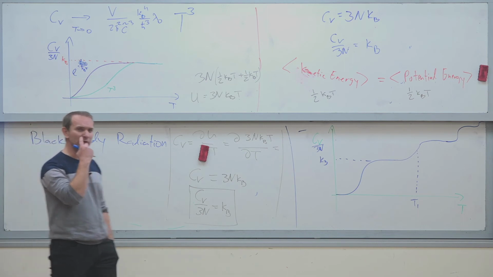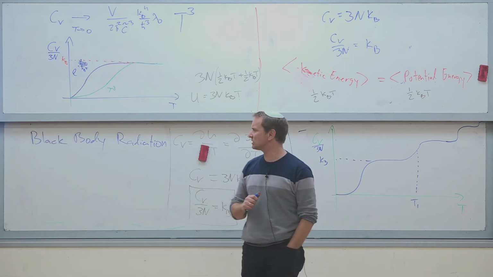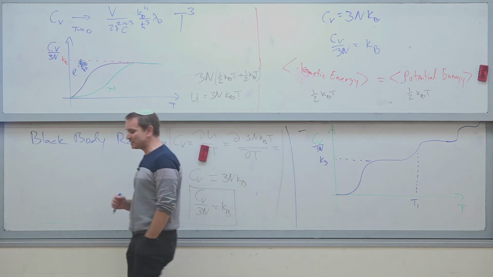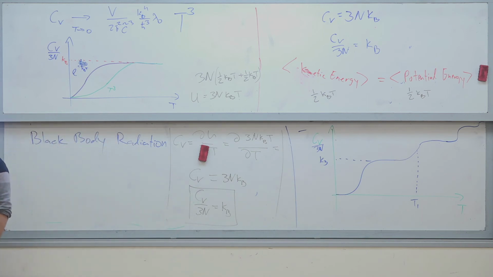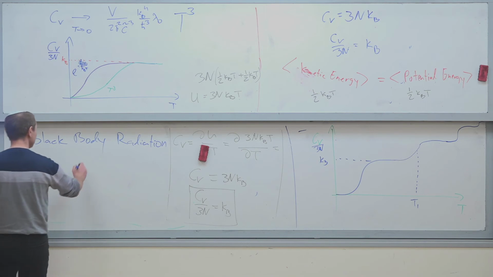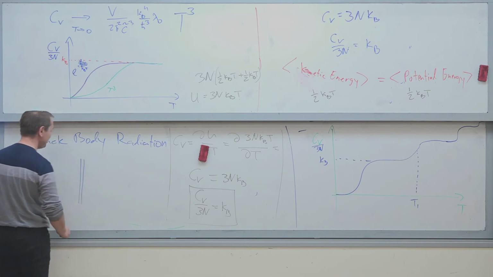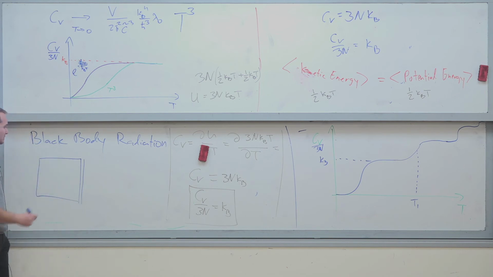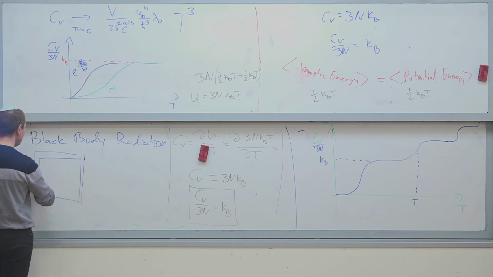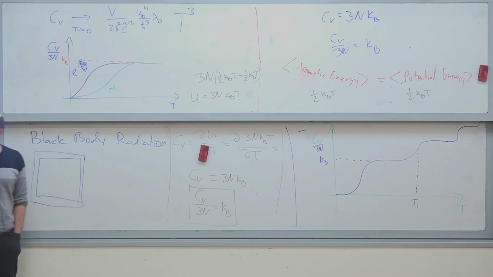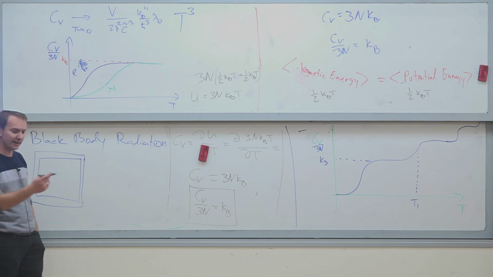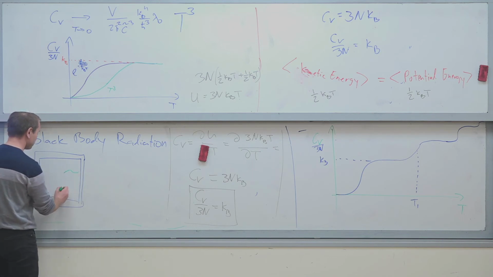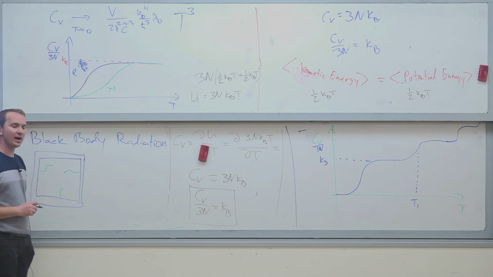So the original model for light, temperature, and so on is called the black body. Why is it called black? It's called black because it doesn't reflect any light. Usually one imagines it as a closed system, and there is some sort of electromagnetic radiation, photons or light, basically wandering around this cavity.